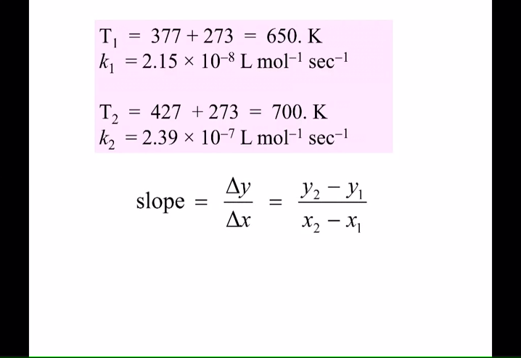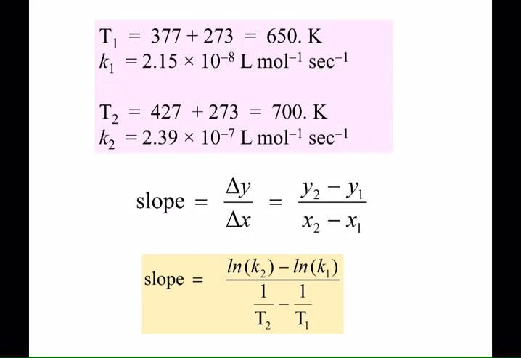So if we think of what a slope is, it's rise over run. So change in y over change in x. We scale that to the specific plot that we're looking at. Change in y would be the natural log of k2 minus the natural log of k1. And in the bottom, we'd have 1 over T2 minus 1 over T1.